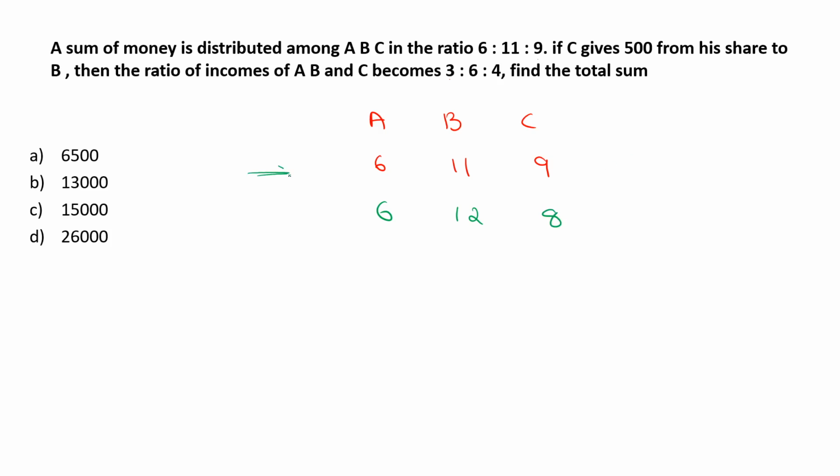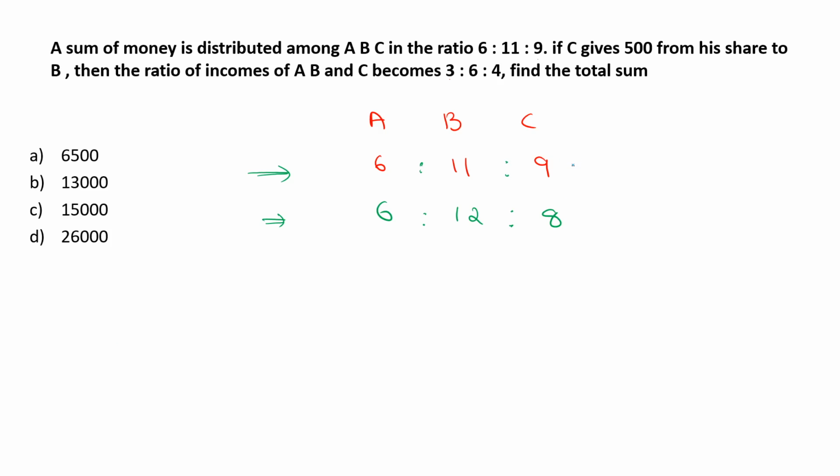The actual distribution of money among A, B, C was in the ratio of 6:11:9. But after C transferred some amount of 500 to B, the ratio became 6:12:8. Observe here, there was no change for A, but the change was between B and C only.